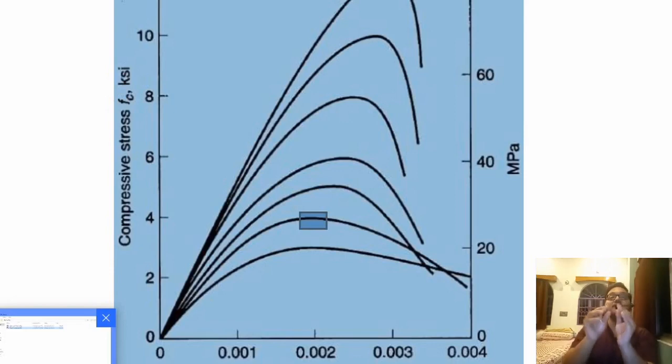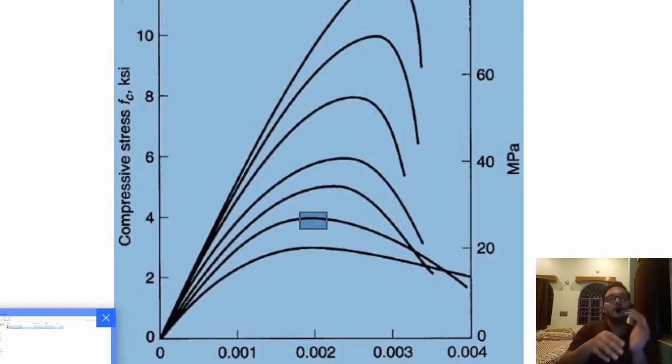After attaining that particular value, it will be seen that even if we apply the compressive stress continuously, and keep on increasing the loads, the compressive stress will not be able to attain a higher value.